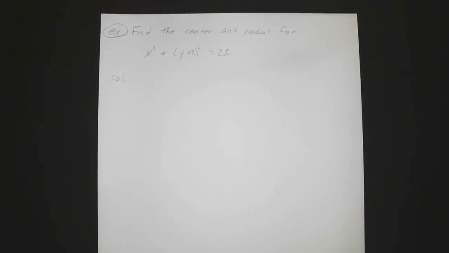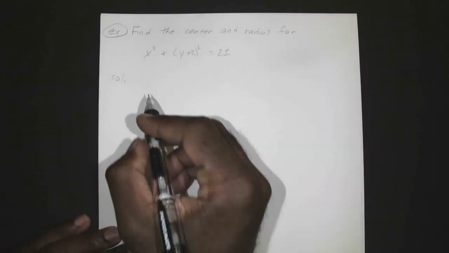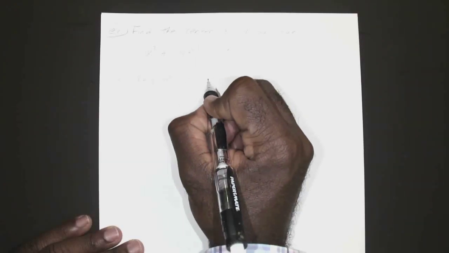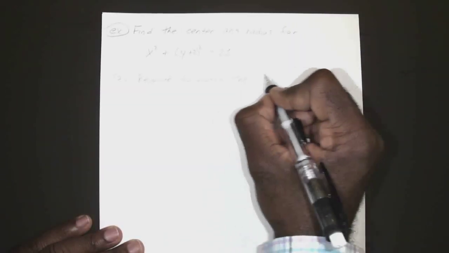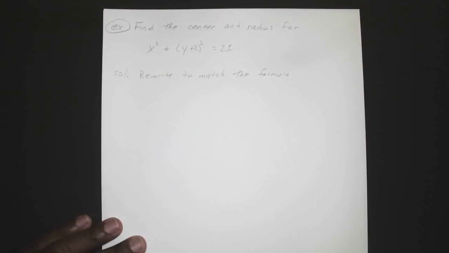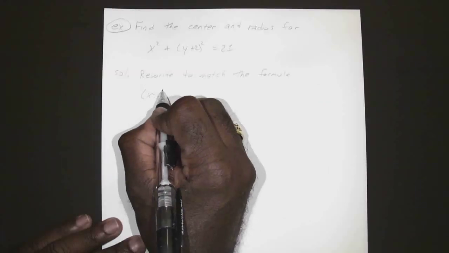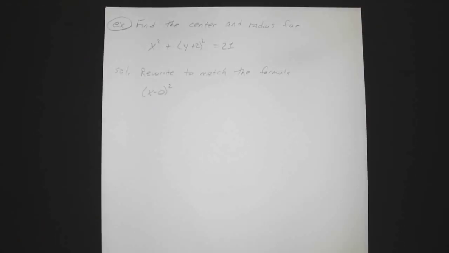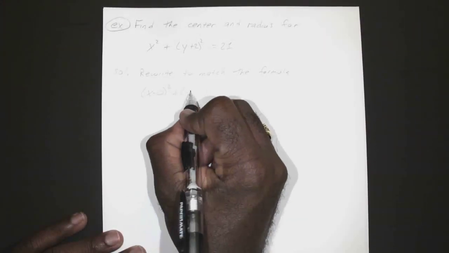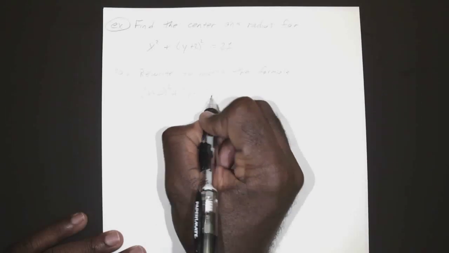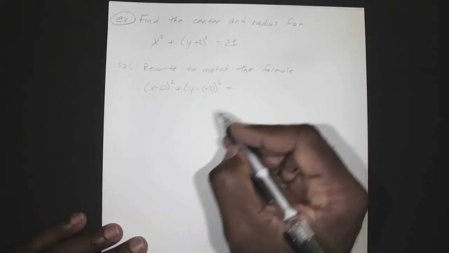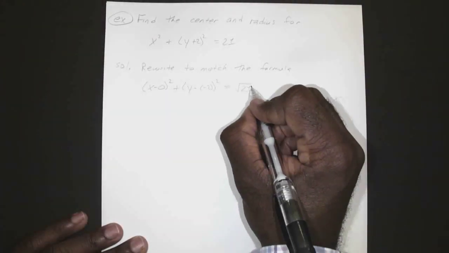The first thing we're going to do is rewrite it to match the formula. Instead of x squared, we can write that as (x minus 0) squared. Instead of y plus 2, again, (y minus negative 2) squared. And instead of 21, we can make that square root of 21, squared.